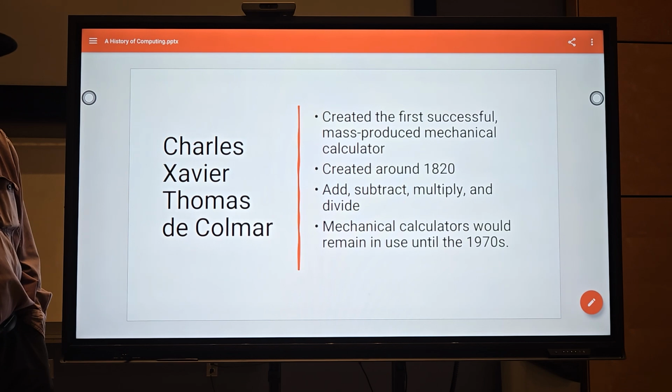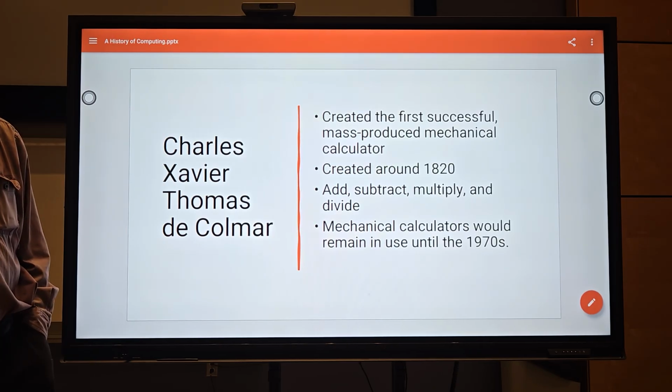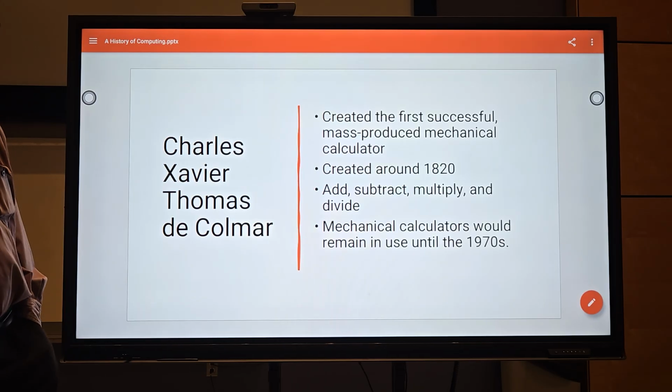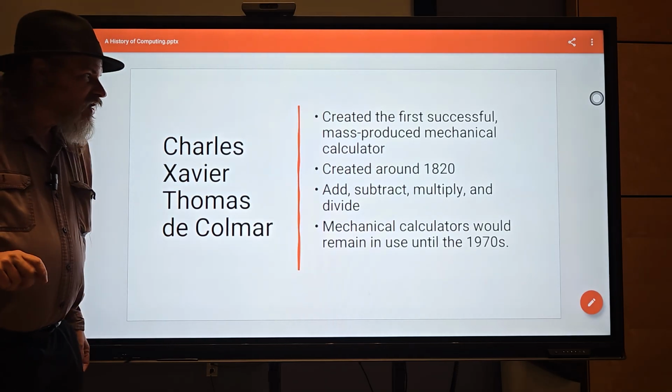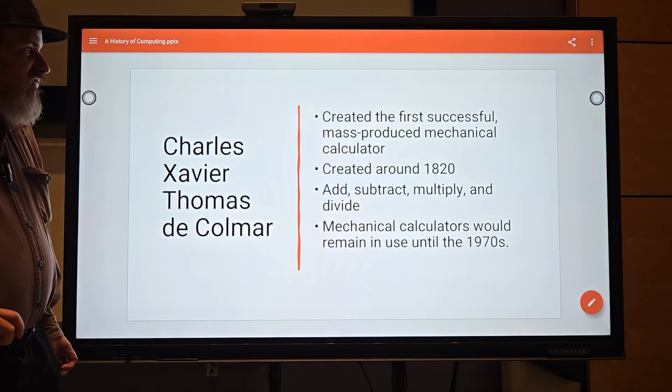He figured out a way to mass produce it in the early parts of the century, before really the Industrial Revolution. And in the Industrial Revolution, they were able to refine the process and really mass produce them, and they were commercially successful.